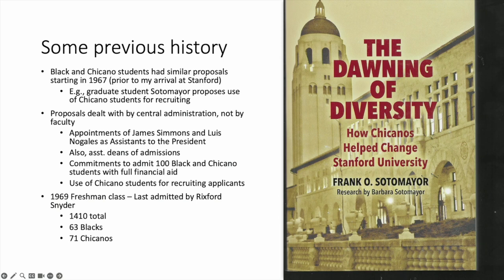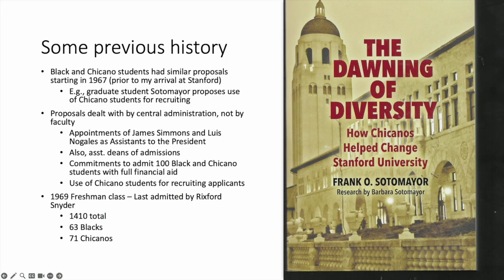As a consequence of those demands, Jim Simmons and Luis Nogales had been appointed as Black and Chicano assistants to the president. We had, in addition, a Black and a Chicano assistant dean of admissions in the admissions office, and probably, my impression, the most important thing for the Chicano group was that we had accepted the idea that our existing Chicano students would go out and recruit other Chicano students.